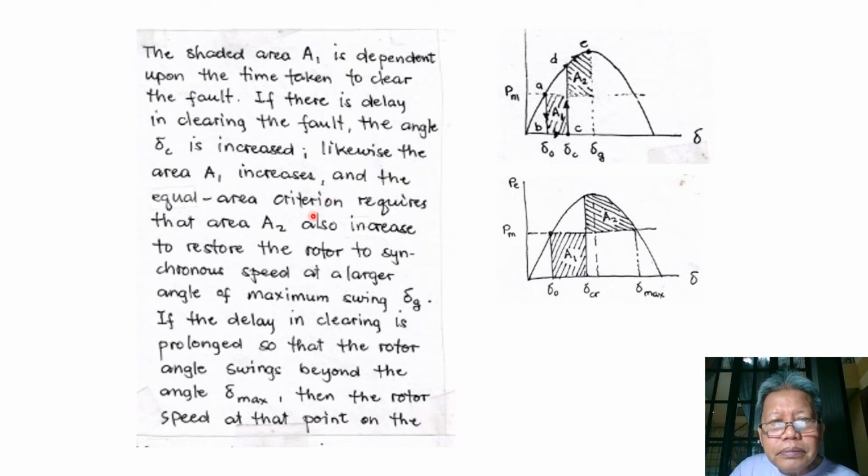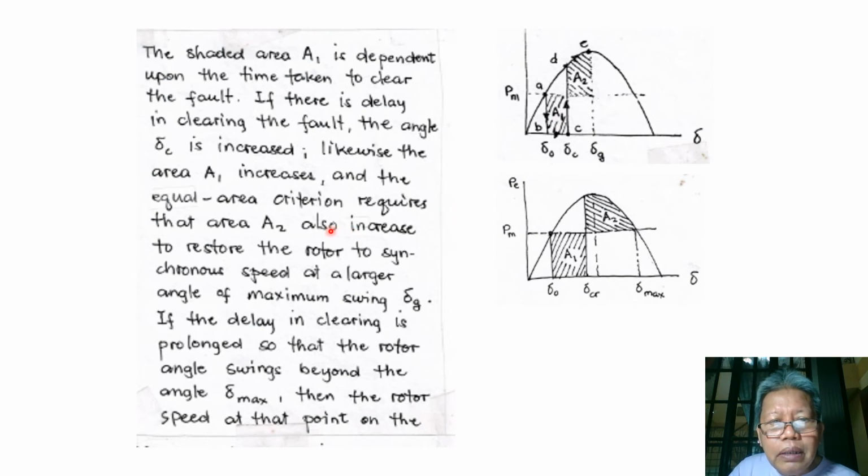Now the angle delta C is increased. Likewise, the area A1 increases. So our new A1 here, when delta is increased, will be larger than the A1 that we have here.